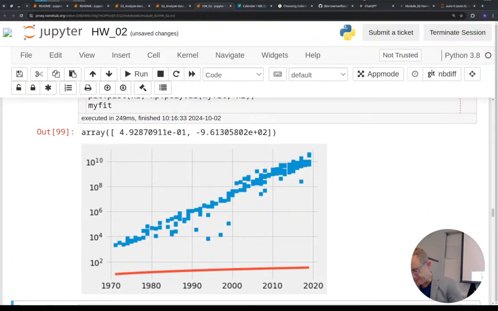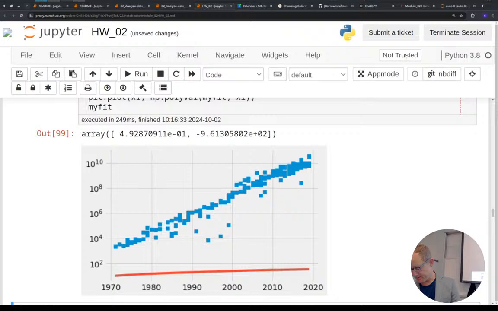Then I still have this weird result that when I took the log base 2, now my predictions are always like 1,000 to 10,000 times less than the result. And that's because I haven't put them back into the normal scale. So I put them on a log scale, did a linear fit. Now I have to put them back into linear scale.